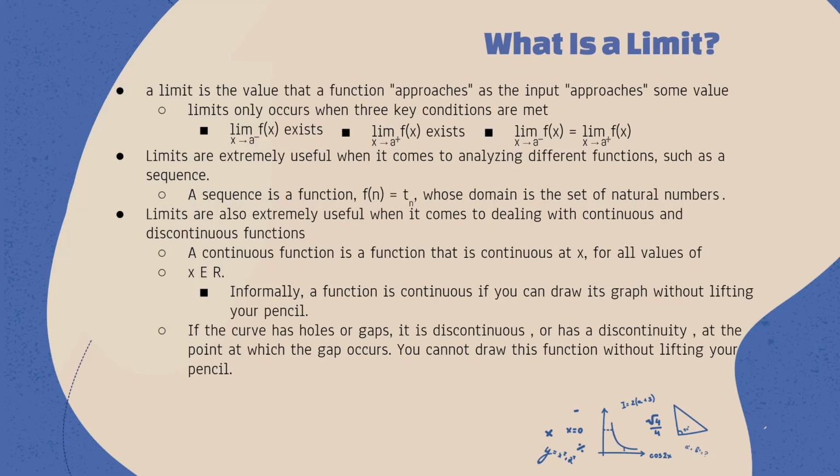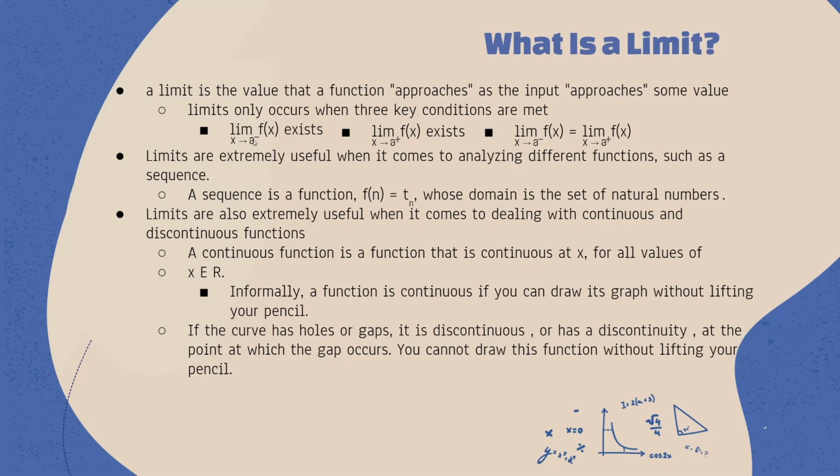So a limit only occurs when 3 key conditions are met, and these are the following. So here, this is how you write what a limit is. So the limit of f of x needs to exist when x is approaching some number from the left-hand side. That's what the negative sign means.